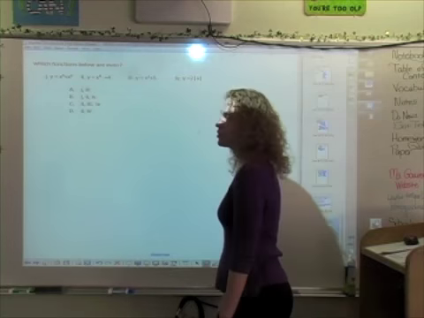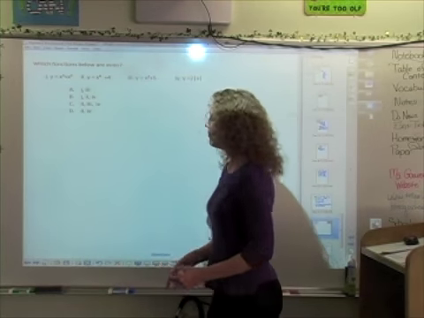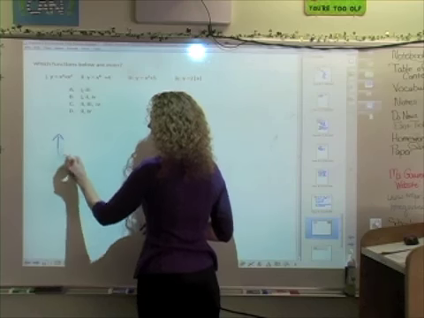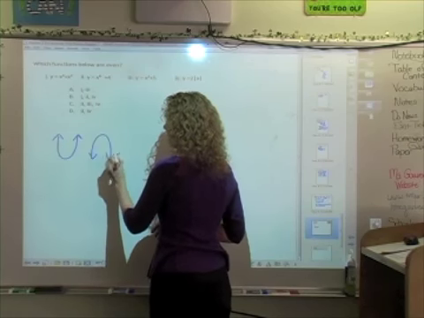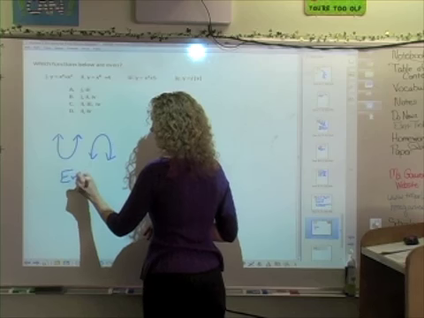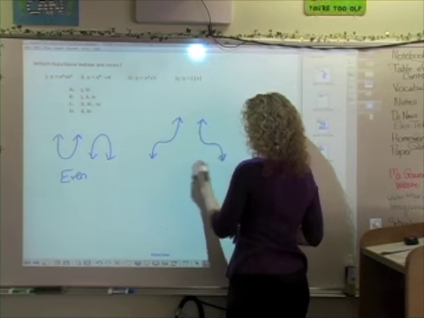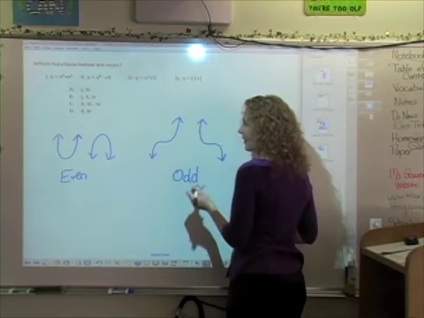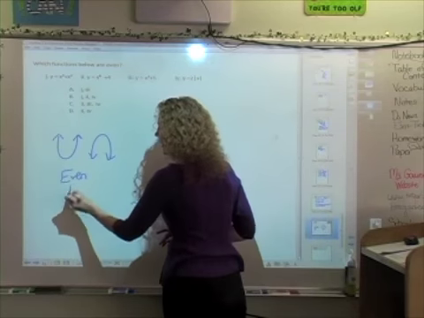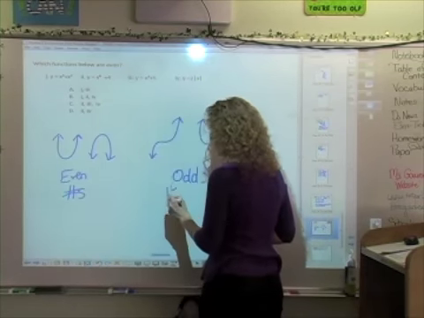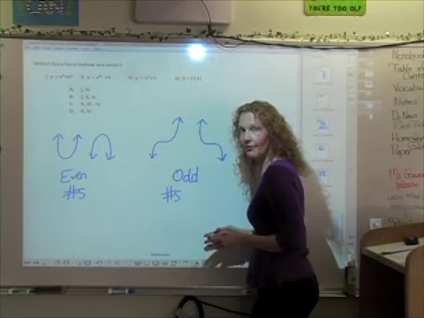All right, which functions below are even? So you remember that if we end up and up, these are even. Or if we are down, up, or up, down, these are odds. Now, these, again, are even, and they're also based off of the numbers, off the degree.